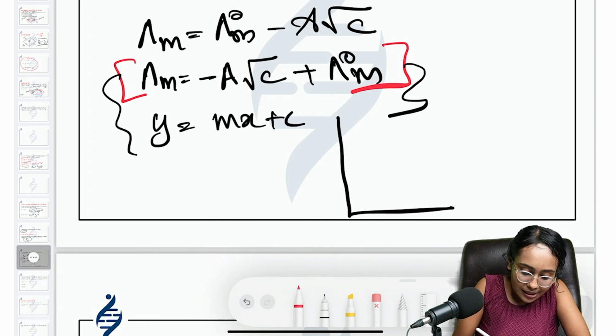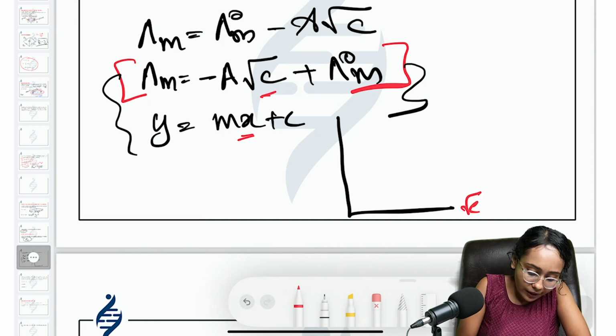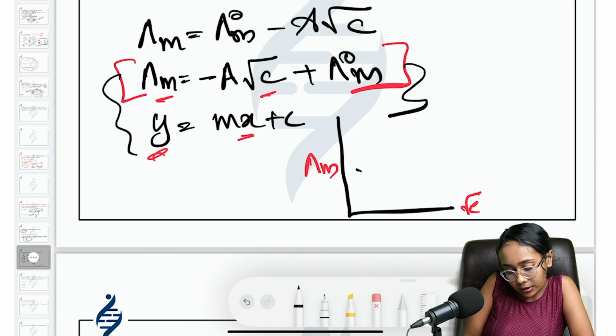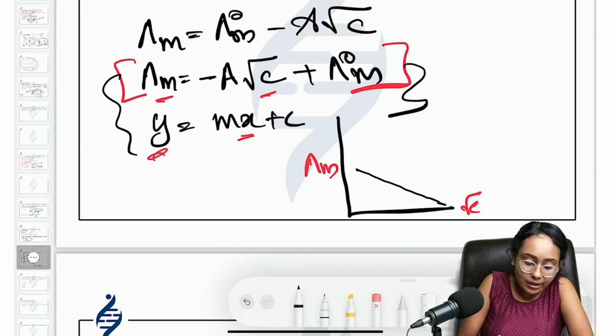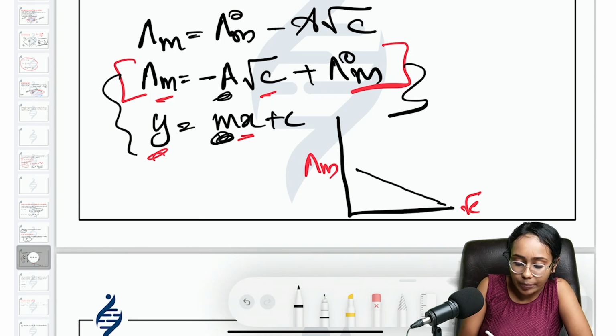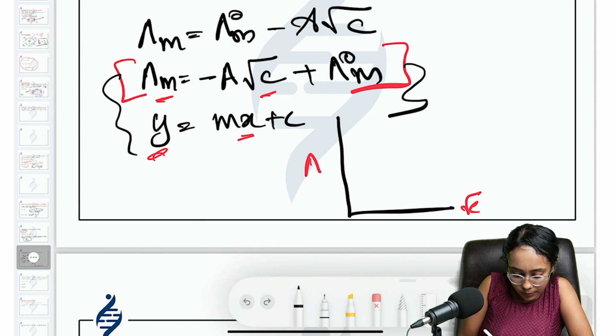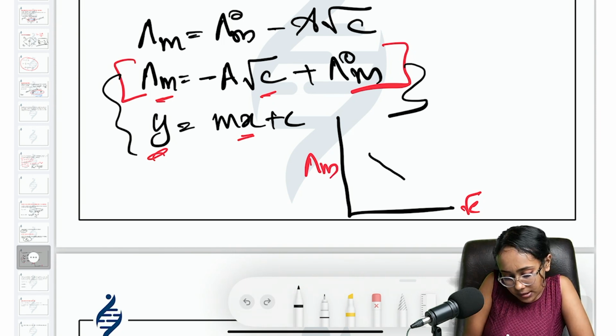Okay. In the x-axis we take root C. In the y-axis, we will take lambda m, that is molar conductivity. We will draw a negative line because the slope is negative. See, m is the slope, it is minus A. So this is the negative slope.